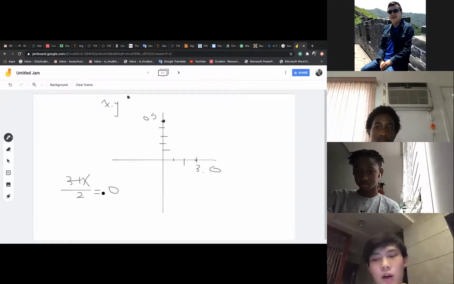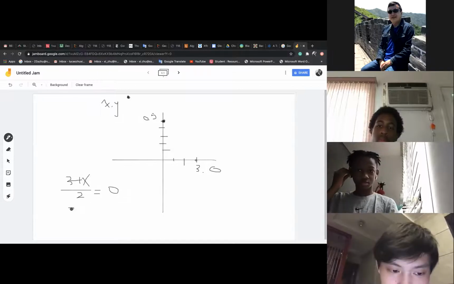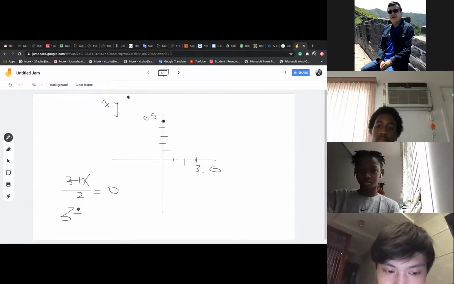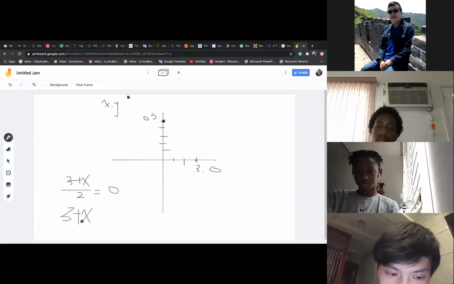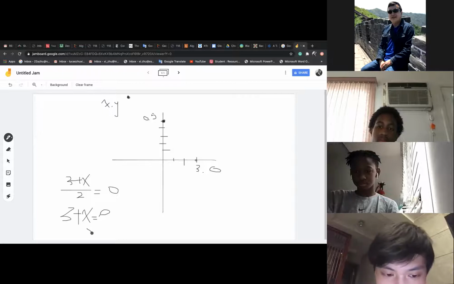Now you can solve for x. It's an equation, so we just multiply times 2 on both sides. So it becomes 3 + x = 0, and now you get x = -3.